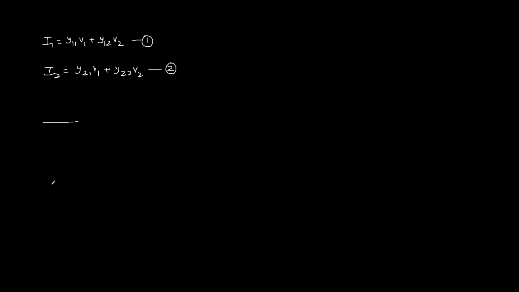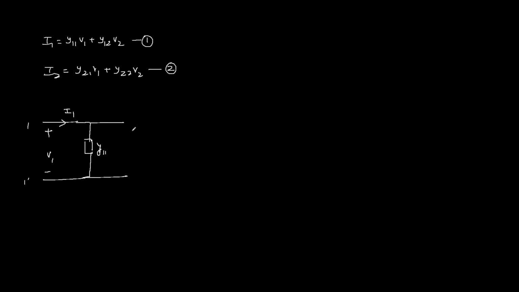Current at port 1 is I1 and voltage at port 1 is V1. So Y11 into V1 is the current through Y11. So Y11 is connected across 1 and 1 dash. This is the admittance.